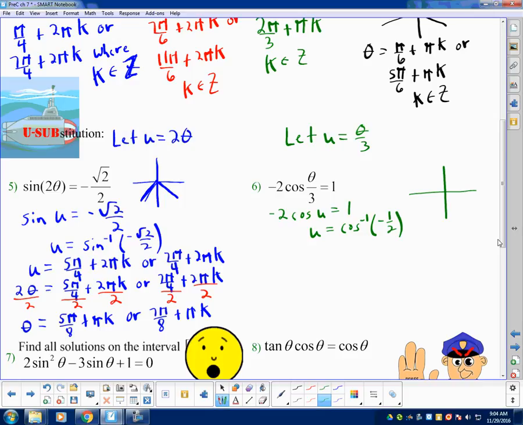So inverse cosine of negative 1/2 is going to be here and down here, just a little ways out from the x-axis. So cosine equal to negative 1/2 would be in the second and third quadrants. And so u equals 2 pi over 3 plus 2 pi k, or the other one is 4 pi over 3 plus 2 pi k.